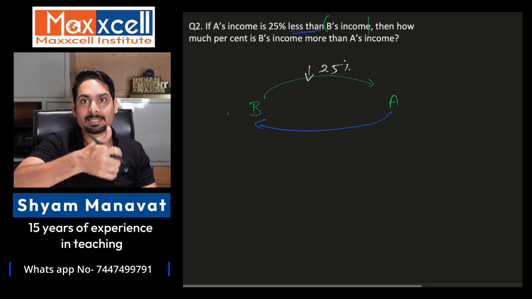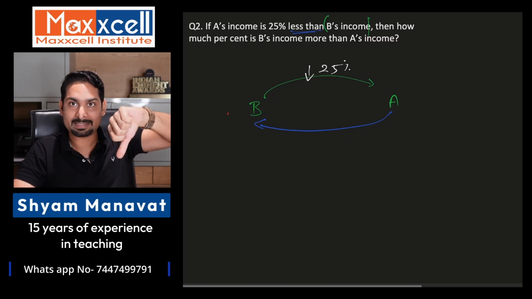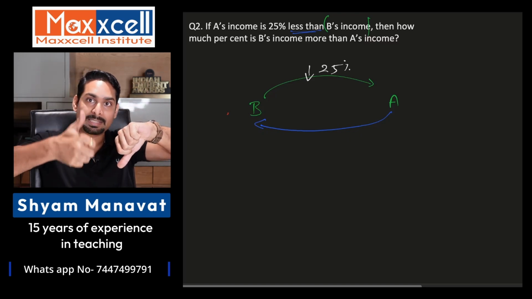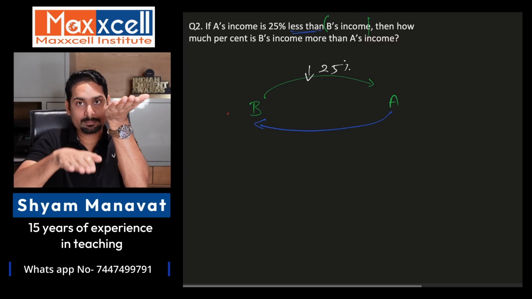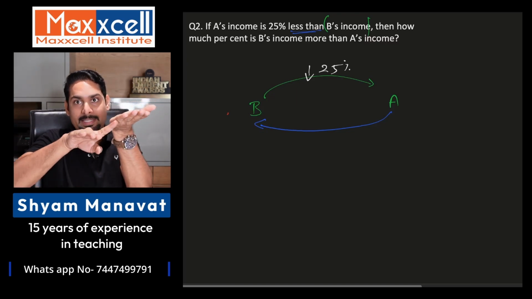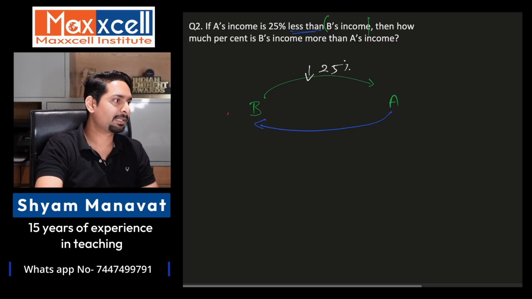Correct. It should be an increase, because to get A, we have decreased. So to get B, we need to increase. A is less, B is more. So from A to B, we need to increase this part. Correct?